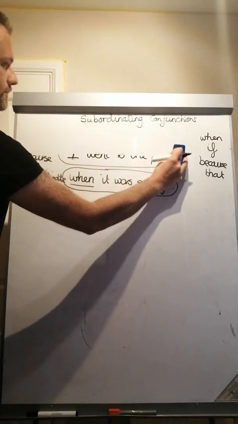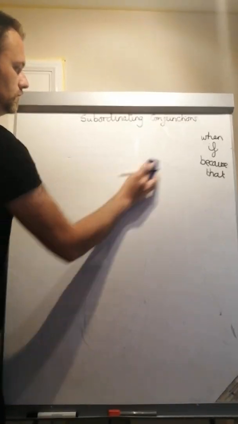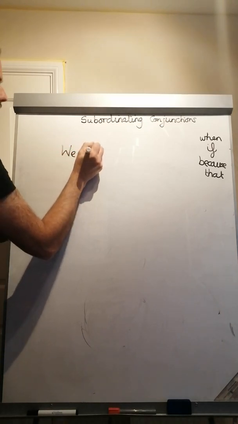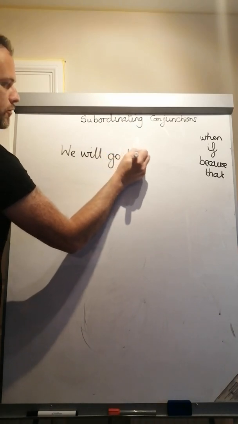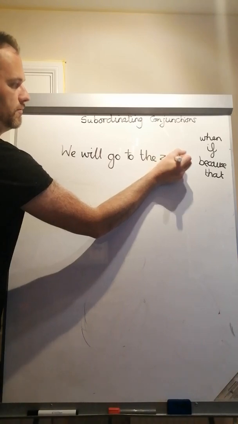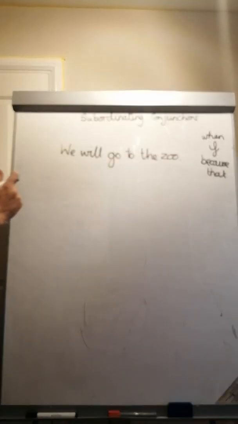Let's try another one. We will go to the zoo. Full stop. That is a sentence. It makes sense all by itself.